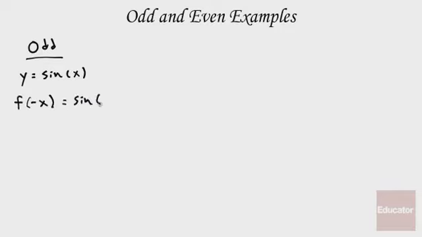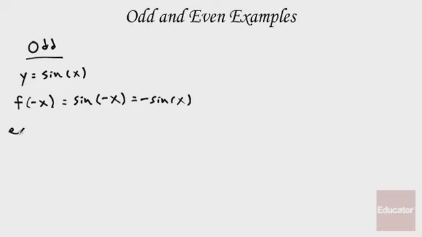For an odd function, one famous example would be y equals sine of x. Notice that f of the opposite of x would equal sine of the opposite of x, which equals the opposite of sine of x.